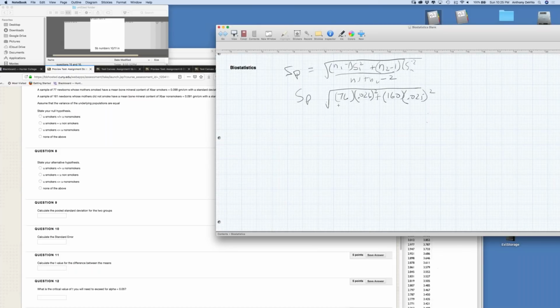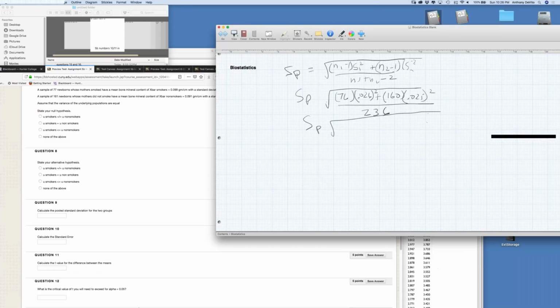And we're going to square that over the combined sample sizes, which were 77 and 161, minus 2. 238 minus 2 is 236. So tell me if I'm wrong. Okay, I think it's 236. Now let's see. This should be these two added together, which is 236. Okay, good.